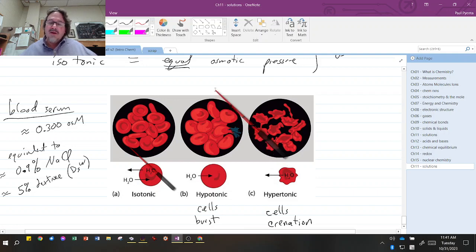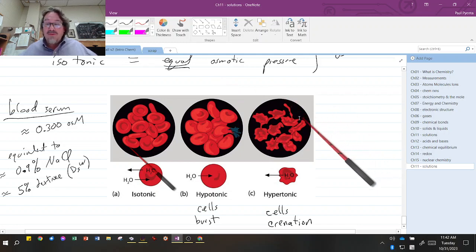And so it would cross into these cells trying to literally dilute the stuff inside the cells. It's like a water balloon where you just put more water in and more water and more water, and eventually those cells can only hold so much, and they would burst wide open, and they're showing that right here, these cells bursting. And so that's certainly no good. You don't want to have your cells bursting open. That would be fatal.